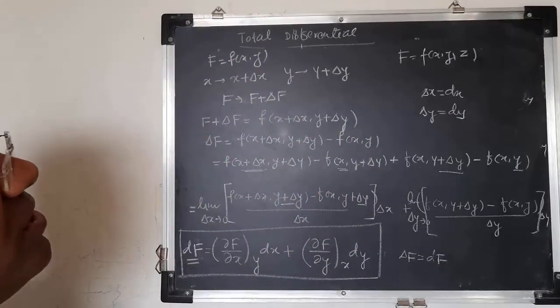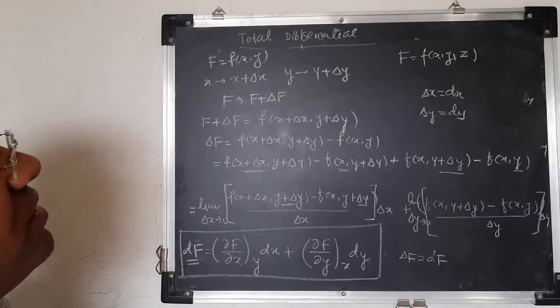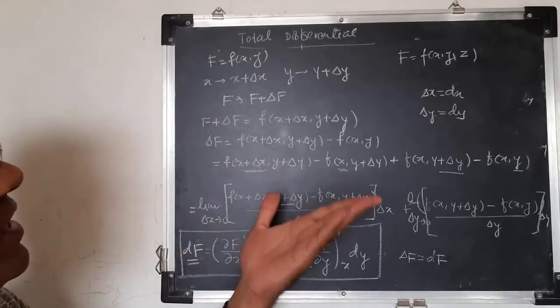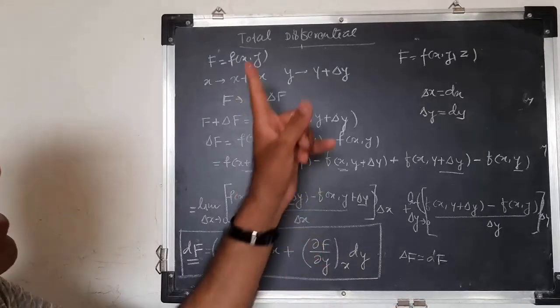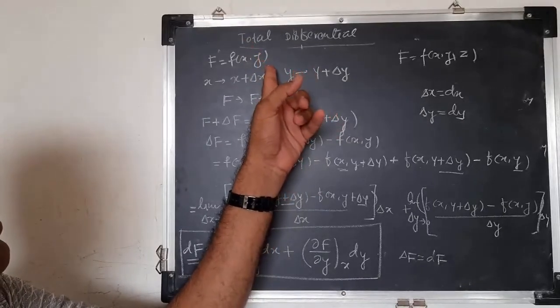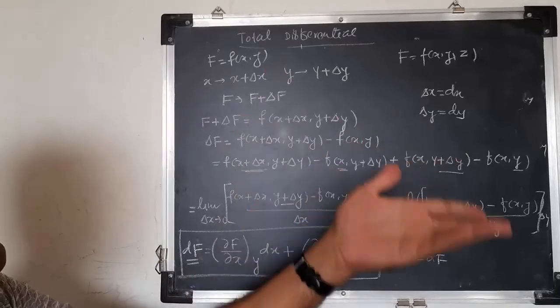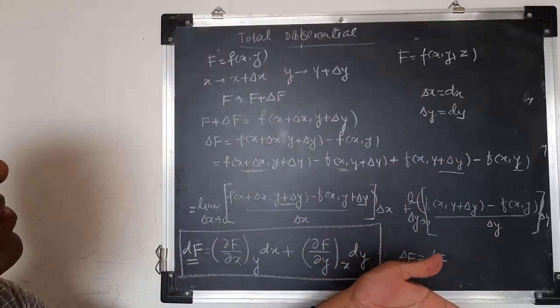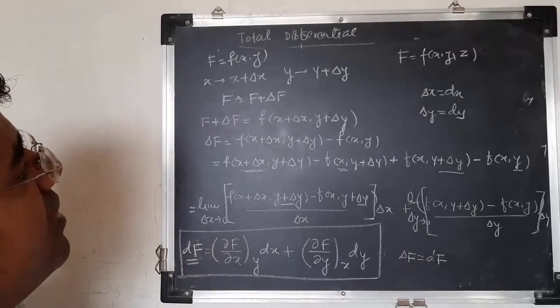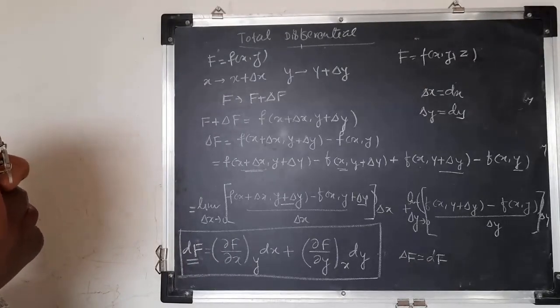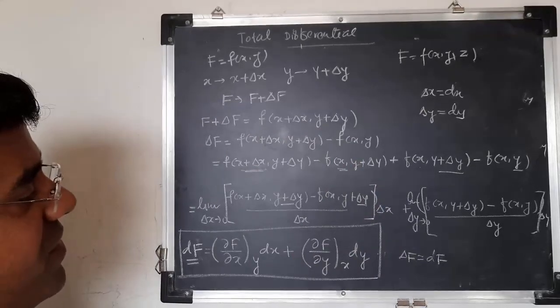Many times we get questions like finding the df value. This is a 3-dimensional function; if f is a function of only two variables, then you consider it a 2-dimensional case. So this is about total differentiation.